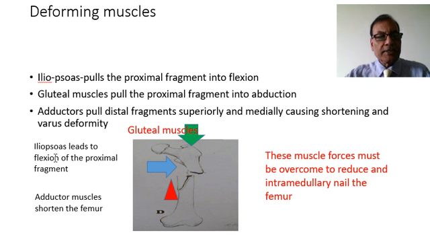You can see it: gluteal muscles pulling the upper fragment into abduction, the iliopsoas pulling the upper fragment in flexion, and the adductor muscles pulling up the distal fragment, causing the shortening.